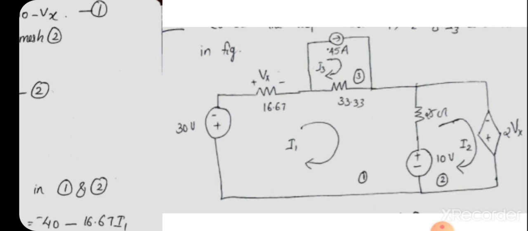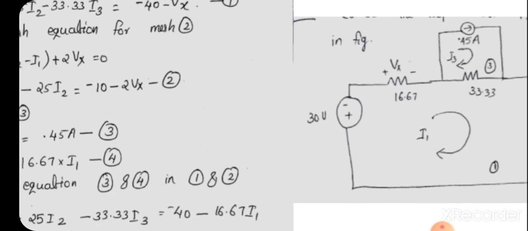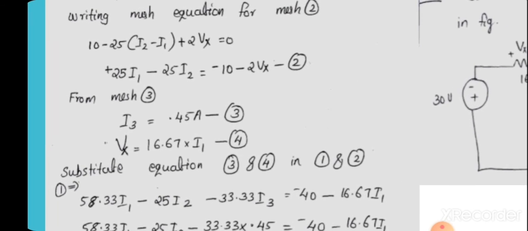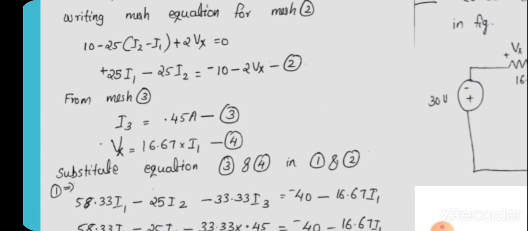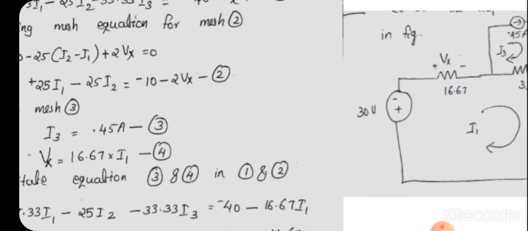It is simple Ohm's law: voltage is equal to current into resistance. What is the current? Current through 16.67 is I1. So Vx will be equal to I1 into 16.67. Okay. So you can write the fourth equation as 16.67 into I1 equal to Vx. These are the equations you got from the circuit diagram.